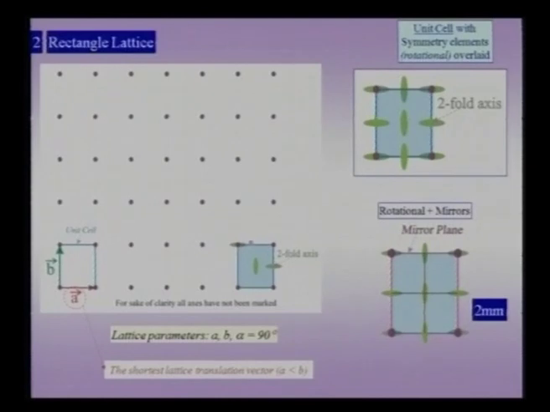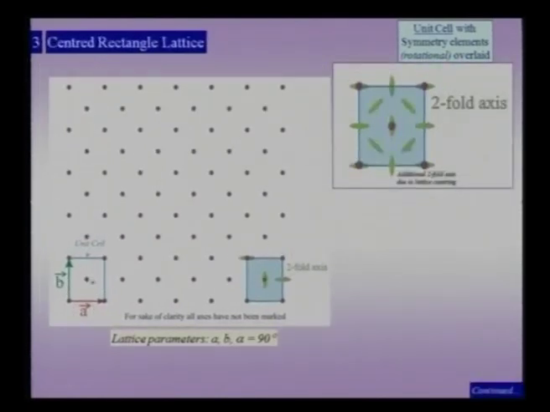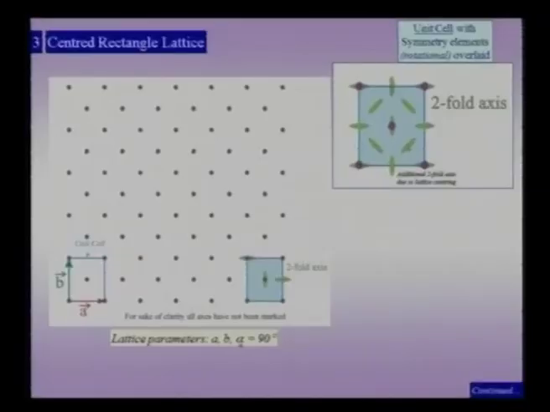We have considered a previous unit cell for the normal rectangle lattice, and this is centered with respect to that normal rectangle lattice and not by alternate choice of unit cells, wherein the alternate choice of unit cell, as we can see, can be a primitive unit cell, in which case that unit cell will not be centered. The lattice parameters as previously for this lattice are A, B, which are independent, and alpha, which is constrained to 90 degrees.